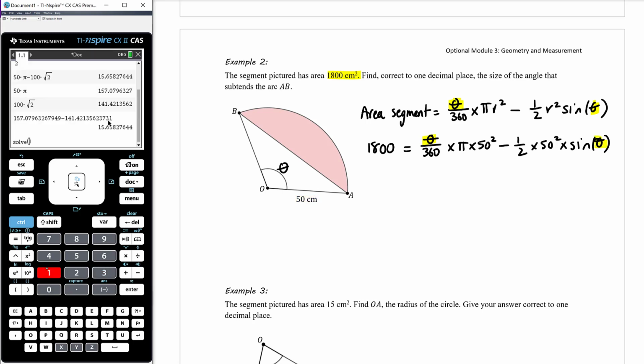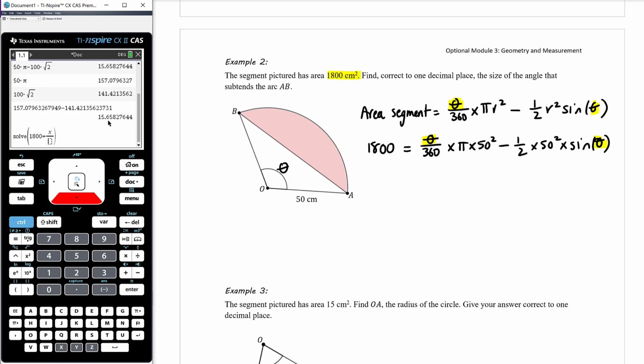So menu 3.1, we're going to solve 1800 equals, control divide, x on 360 times pi times 50 squared, take away half times 50 squared times sine of x, comma x.